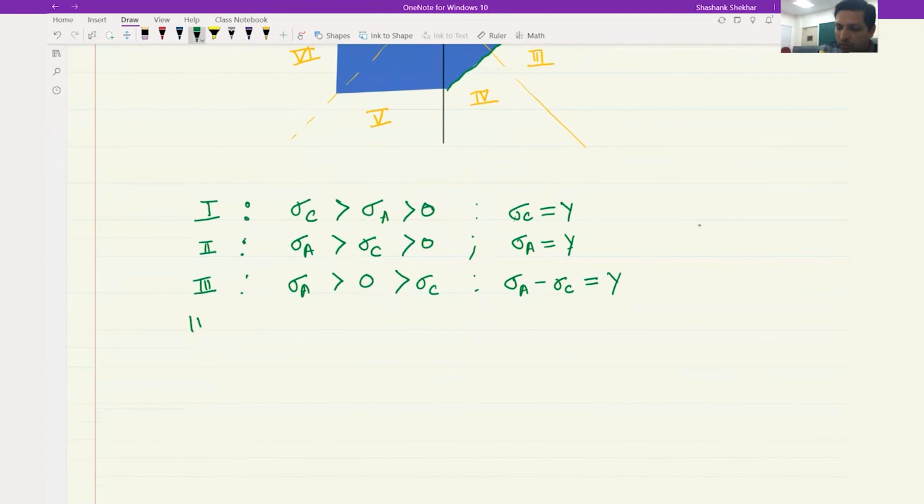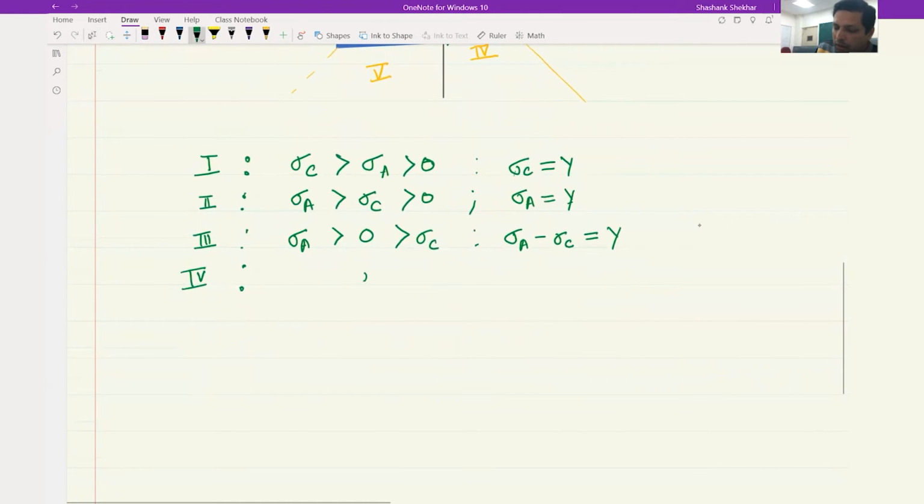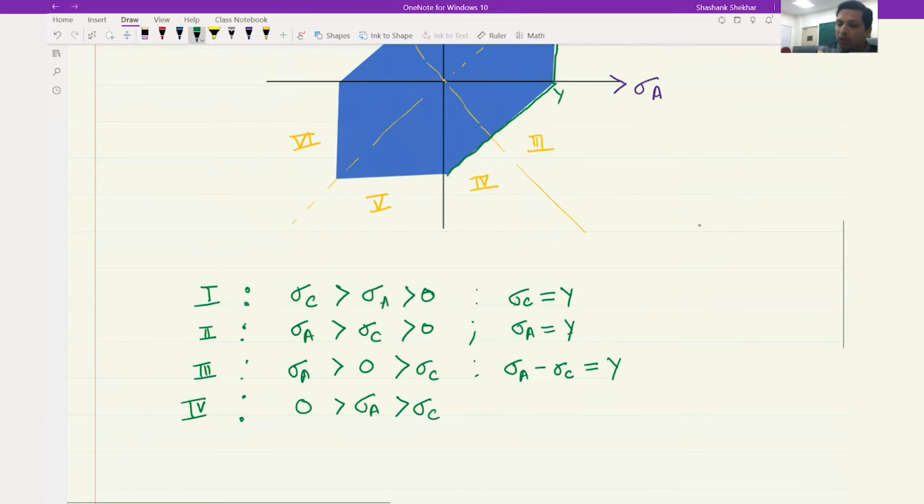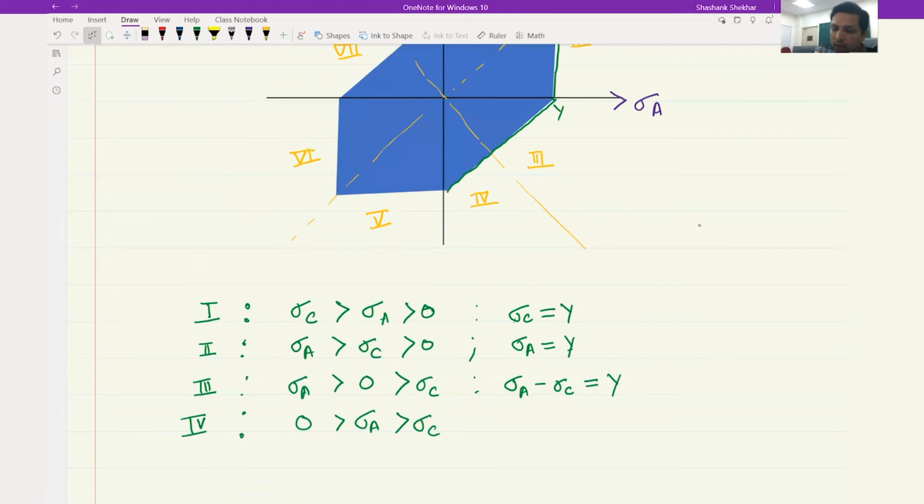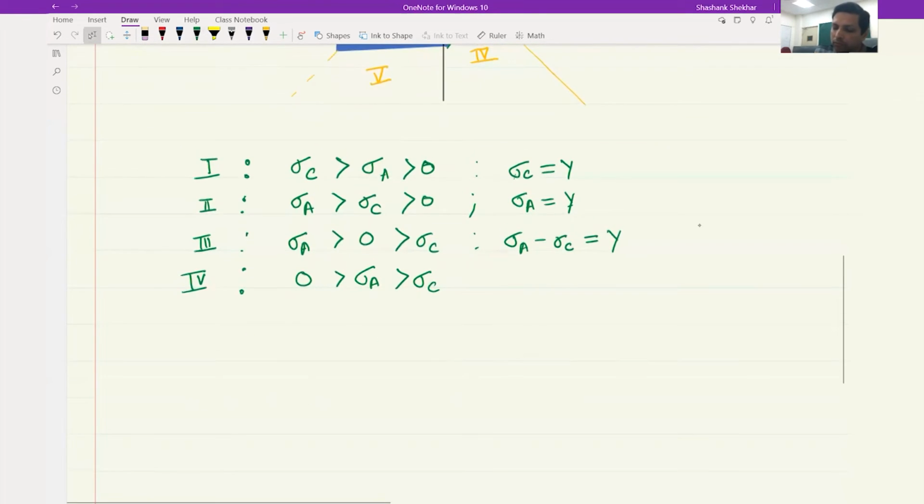Now in zone 4, what we have is that sigma a is also less than 0, but it is still greater than sigma c. So it is less negative than this one. Therefore, sigma a is greater than sigma c.